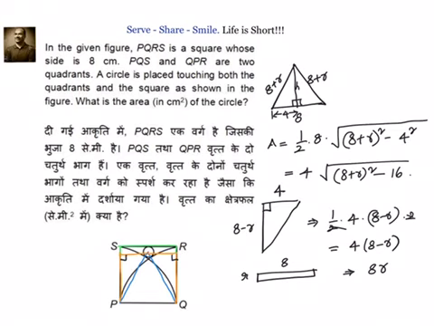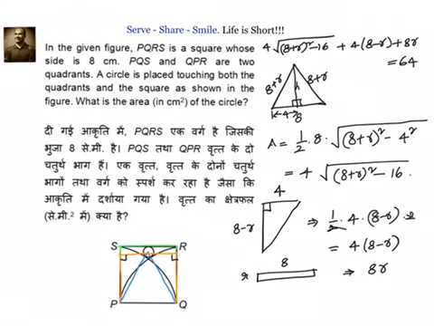Now the total area of all these parts should add up to 8 into 8, 64. So let's write that down at the top so that we can erase this. 4 into the square root of (8 plus r) whole square minus 16, plus 4 into (8 minus r), plus 8r is equal to 64.